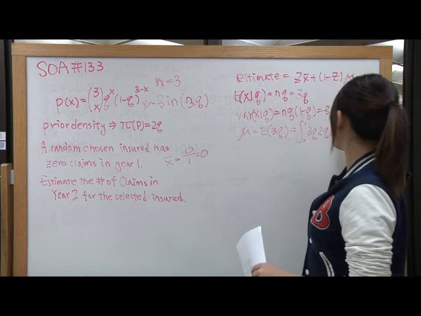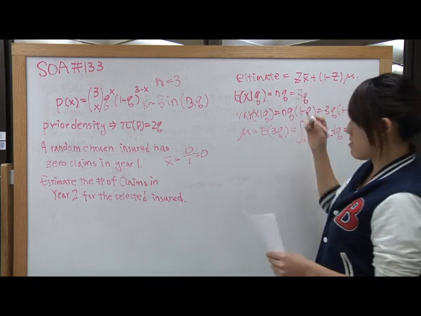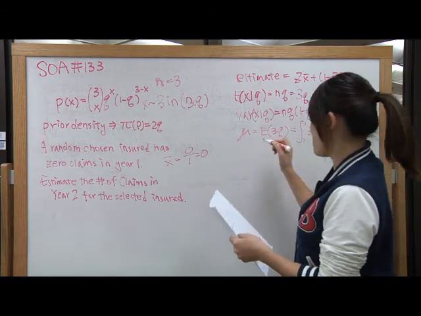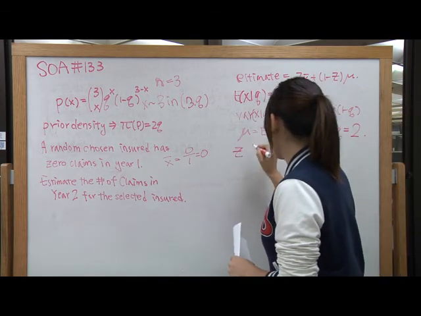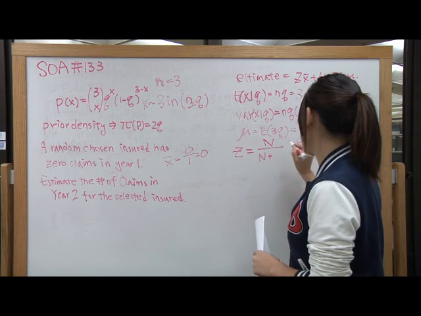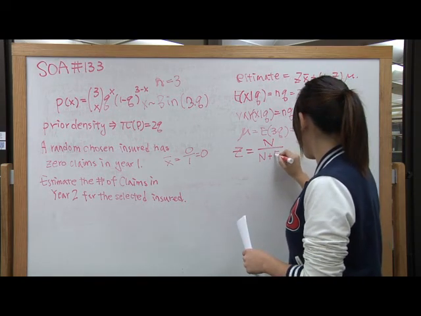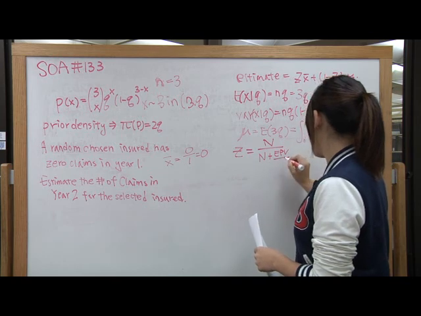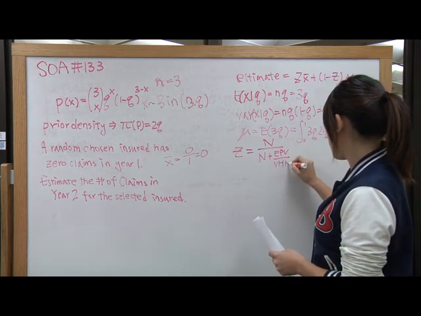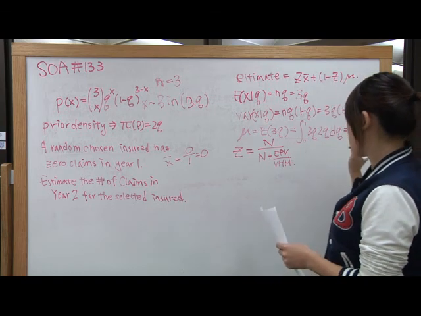And moving on, we have to find z, which is our credibility factor. z equals n over n plus EPV, our expected process variance, over VHM, the variance of our hypothetical mean.